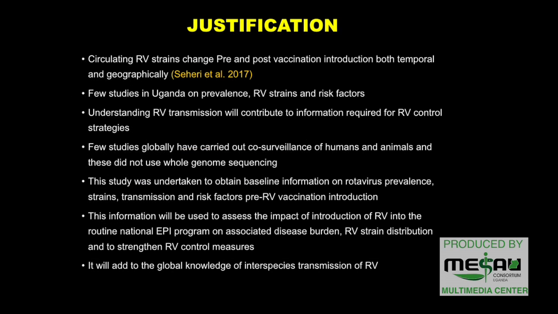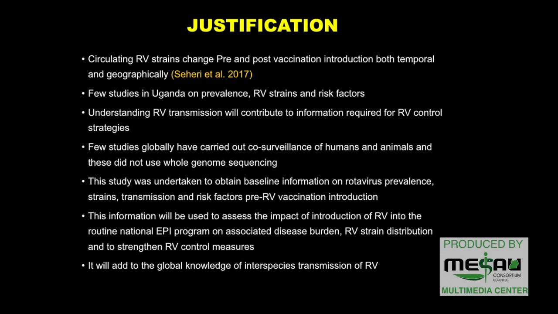As I already mentioned, Uganda introduced rotavirus vaccination in 2018, and also globally. Few studies have been carried out in Uganda on prevalence, rotavirus strains and risk factors, and no studies have been carried out on transmission, which we need for the rotavirus control strategies.